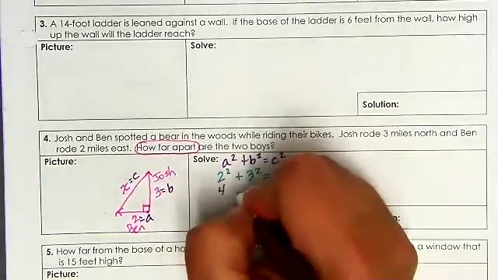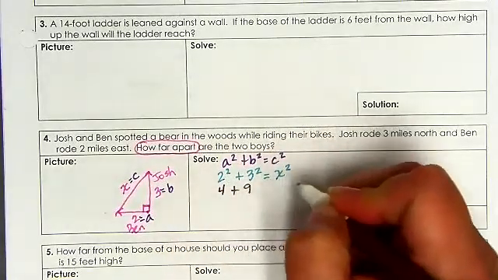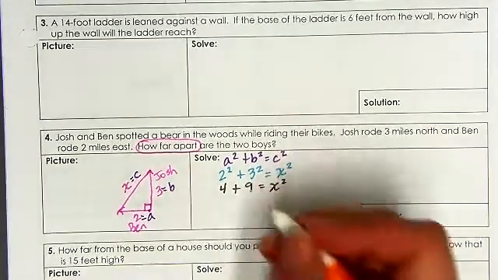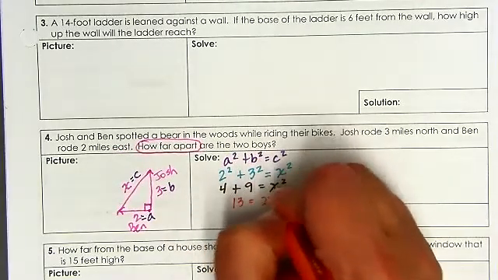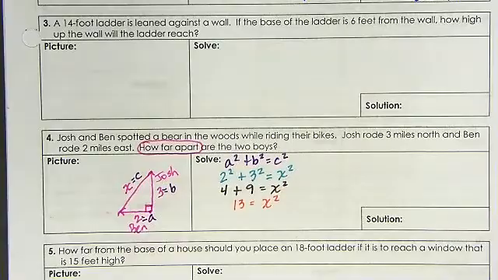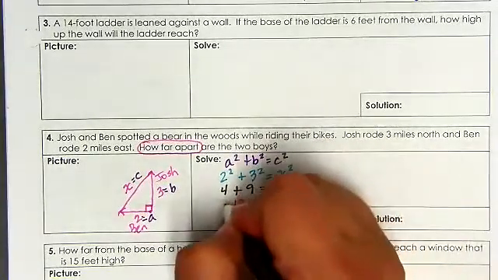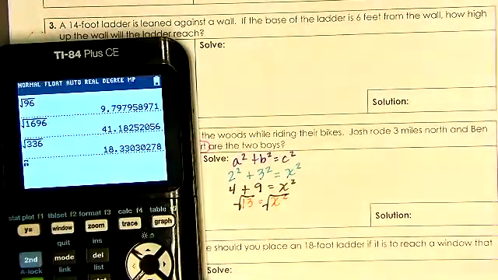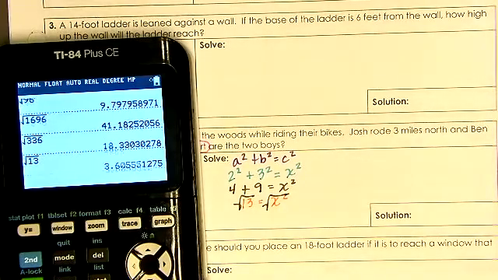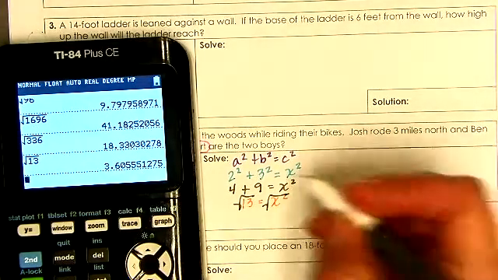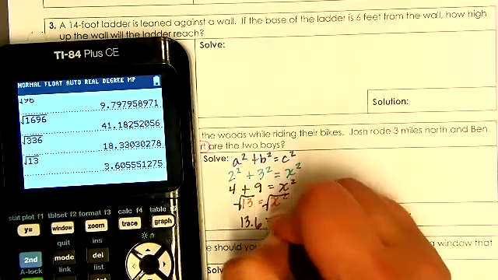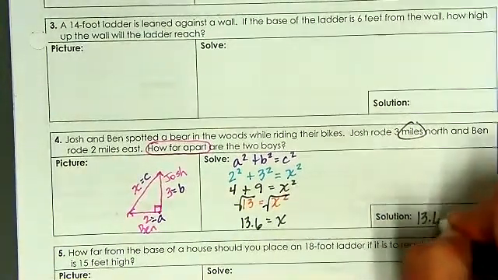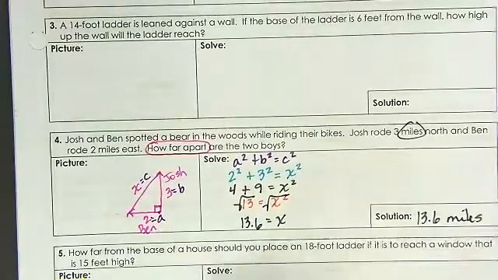We have 4 plus 9 equals X squared. 13 equals X squared. Take the square root of each side. So I do square root 13, enter. And remember, we're rounding to the tenths. So we have 13.6 equals X. Now, what's our units? Miles. So we're going to say 13.6 miles.